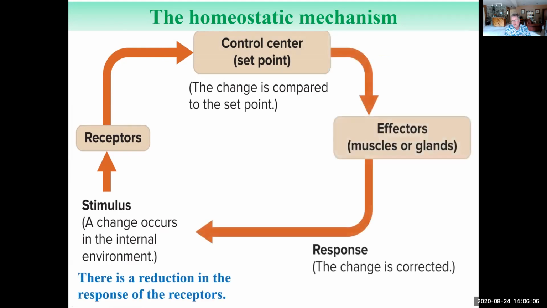And let's assume that that set point is not the same as what is occurring inside or outside our body. Say body temperature goes up. Now, what's your internal body temperature typically? Anybody know? Your body temperature is about 98.6 Fahrenheit or 37 degrees Celsius, right?